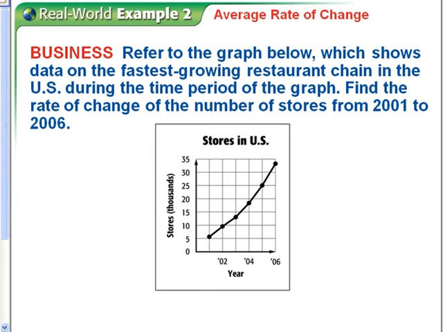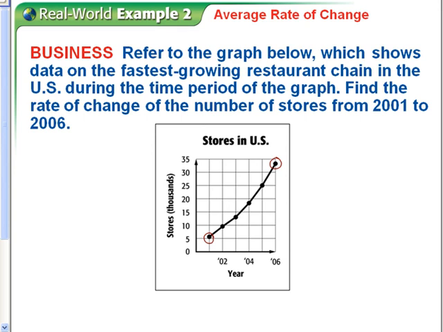Alright, take a second and read through this problem. We need to find the rate of change from 2001 to 2006. So we're going to use those 2 points and figure out what the rate of change is. And now we're just going to have to do some estimation here.